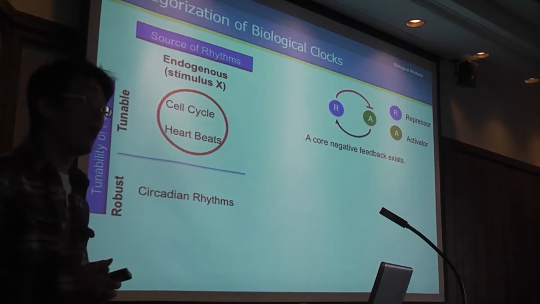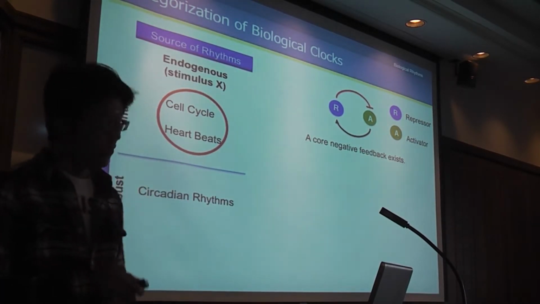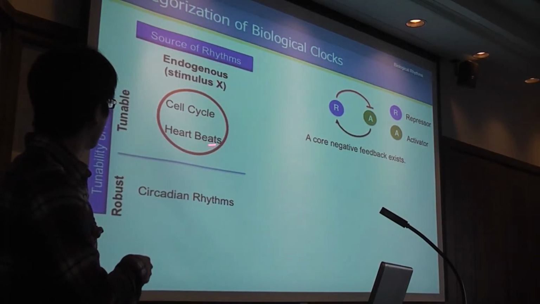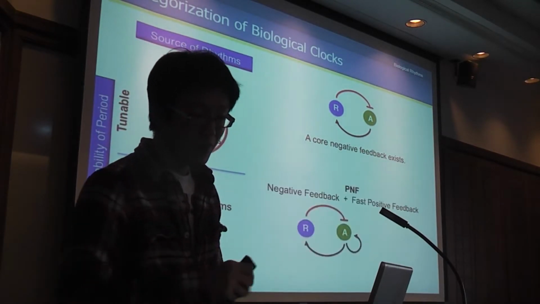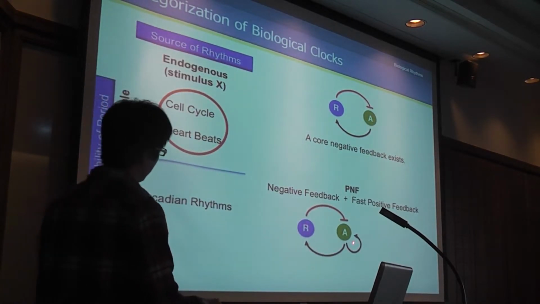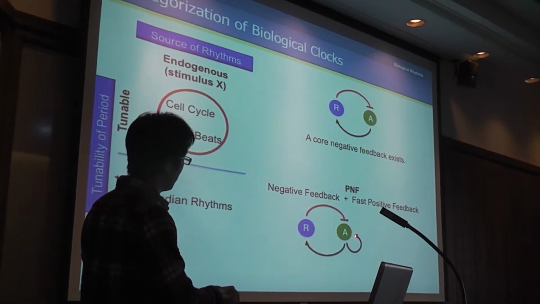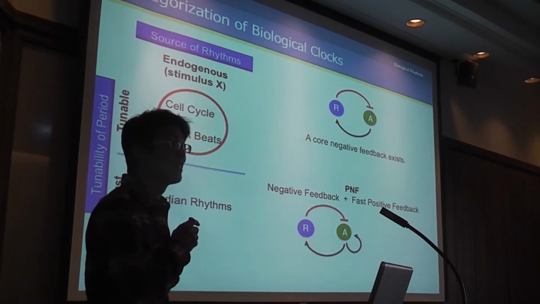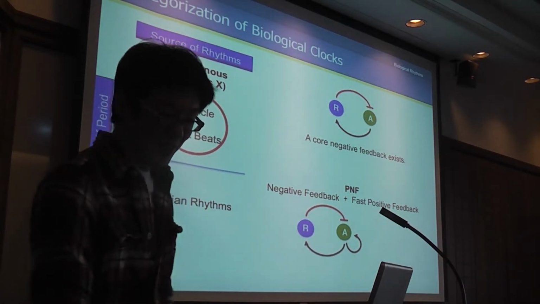But a couple years ago, the James Ferrell lab at Stanford University found that this class of clock has another common characteristic. All of these structures have an additional positive feedback loop here. Activator activates itself.